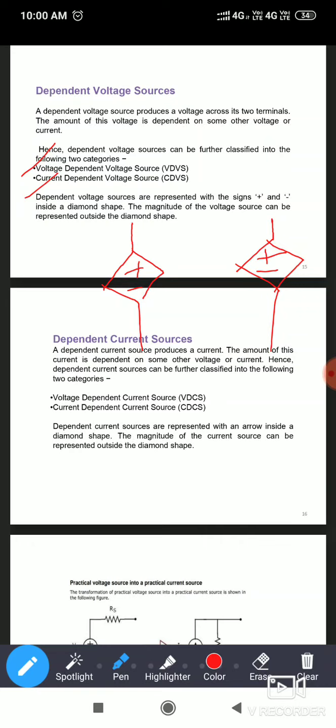Do you understand? Now these two are voltage sources. So what is the value of this voltage source?